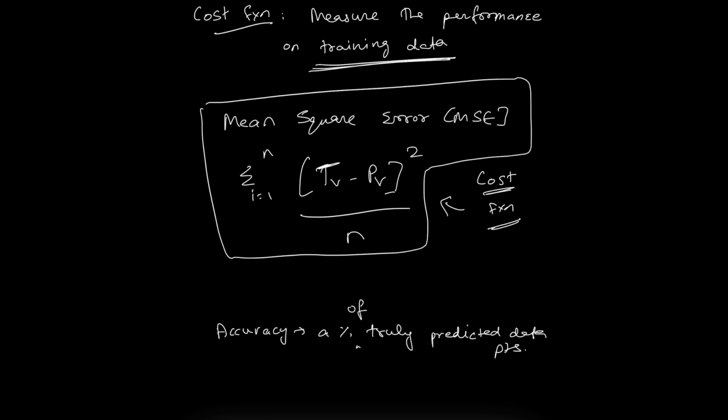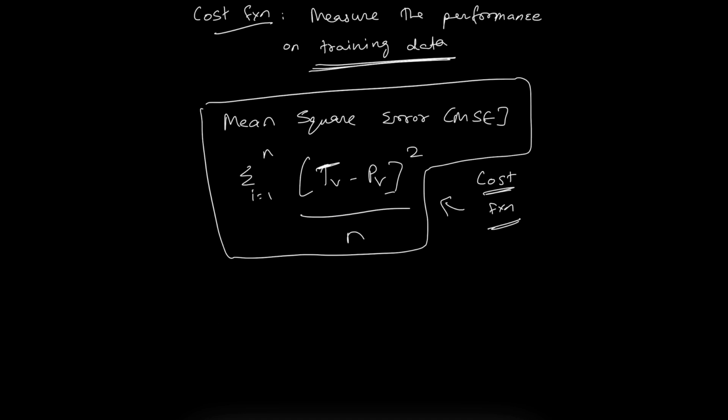But this is a performance metric we'll check later. But basically, the mean square error is not a percentage, it's rather a number. So it will give you like a number which does not represent a percentage of the entire data set. That's just a small difference I wanted to note here.